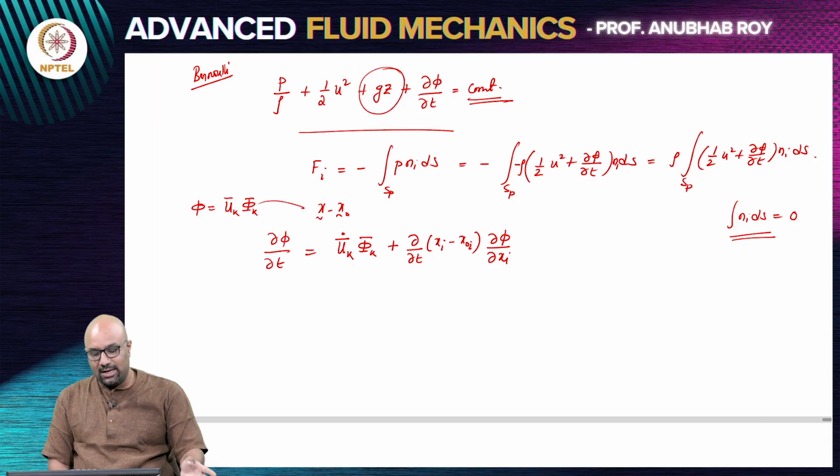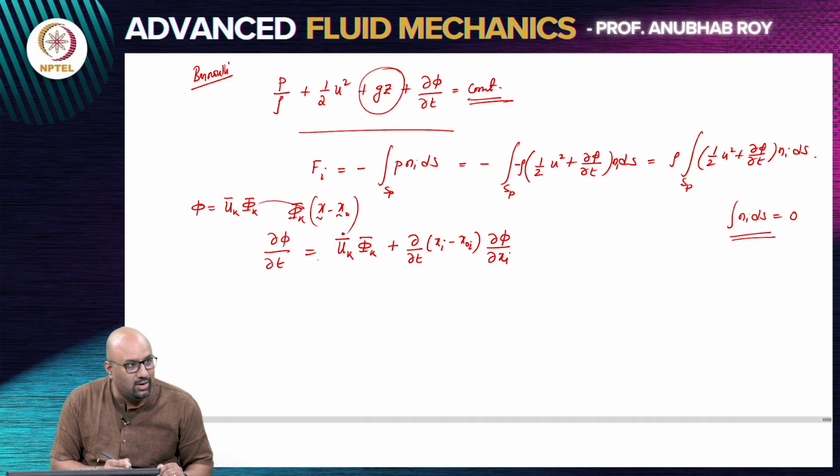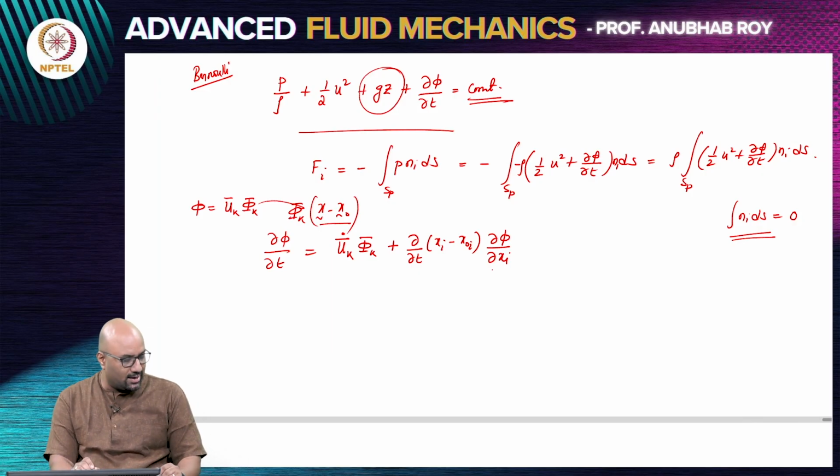So, what I am saying here is that I have a coordinate system where phi is a function of x minus x naught. So, when I do a time derivative, there is a dependence of x naught on time. If phi k is a function of x minus x naught, when you take a time derivative of this, this will basically be the time derivative of this multiplied by the gradient of phi with respect to xi.